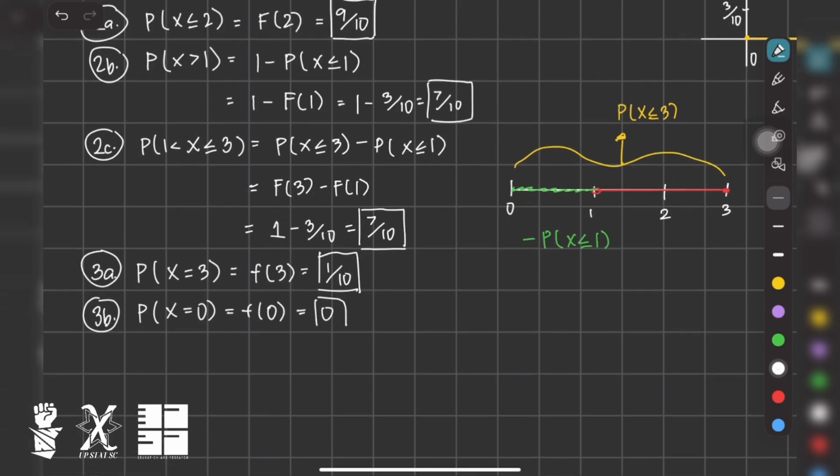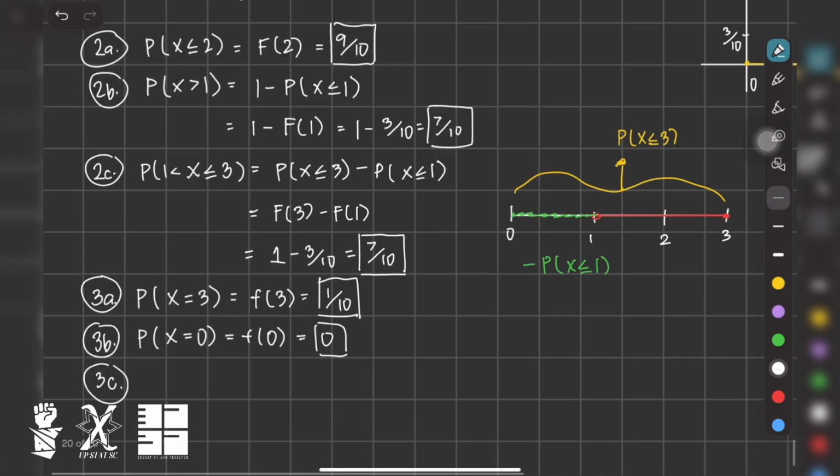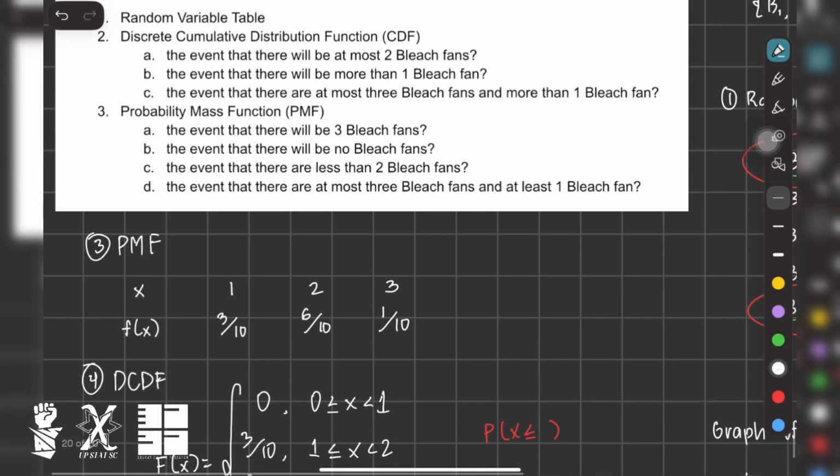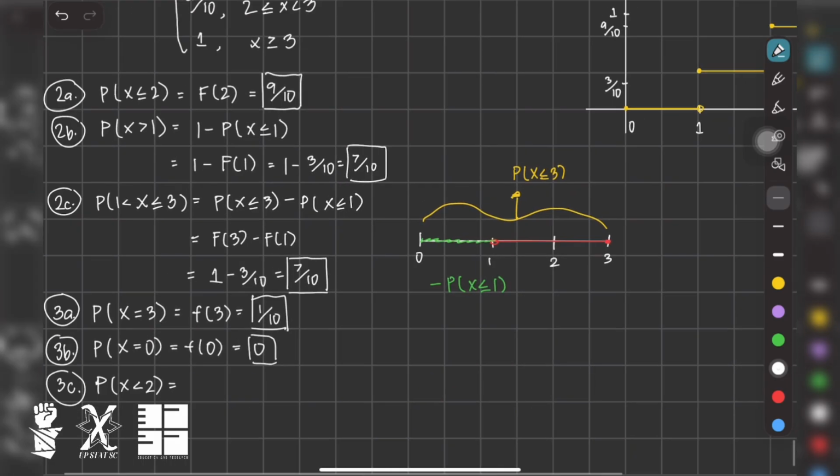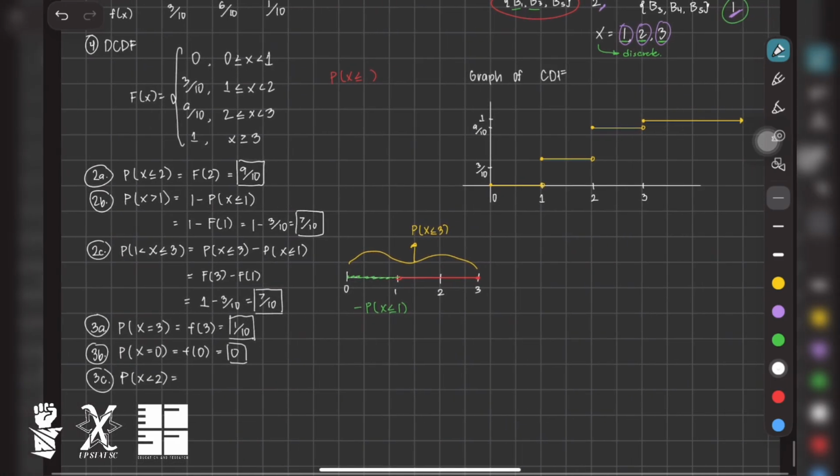Now for 3C, we have the event that there are less than 2 bleach fans. How do we get that? Right here, we will use the concept of limits to get the probability through the cumulative distribution function.